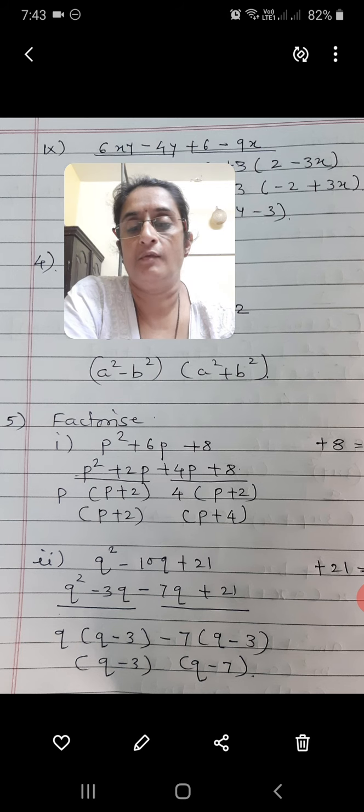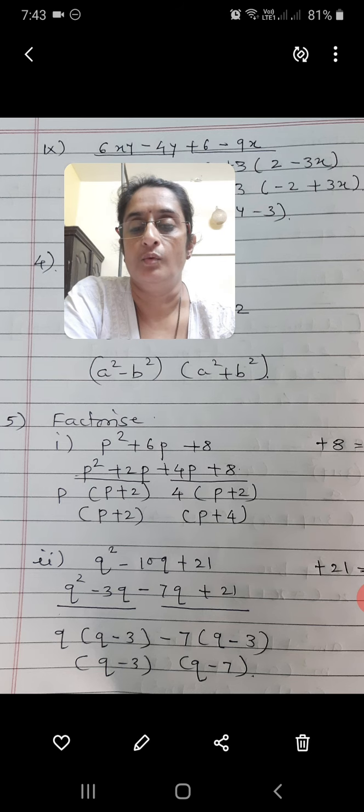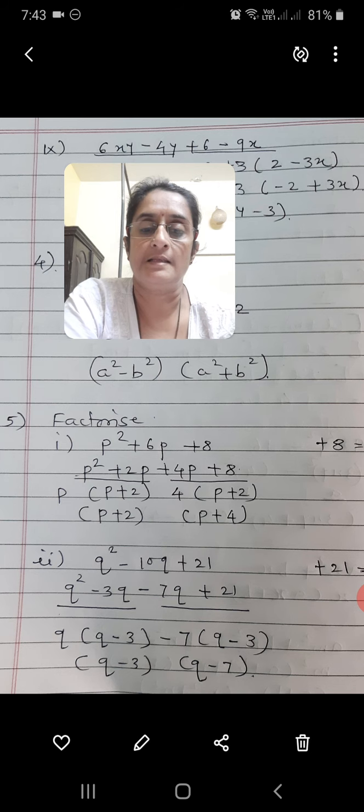Now the first part will be q square minus 3q and the second will be minus 7q plus 21. So what is common between the first two? Q. What remains in the bracket? Q minus 3. Let us take the second part. What is common between them? In the number there is 7 and in the variable there is nothing common.